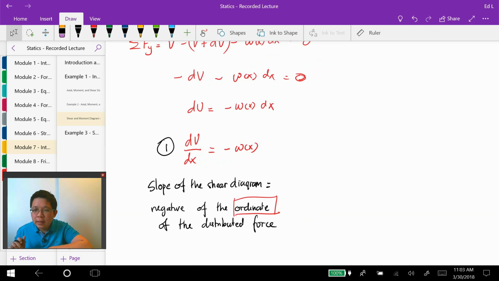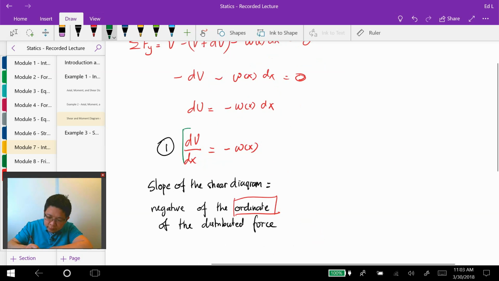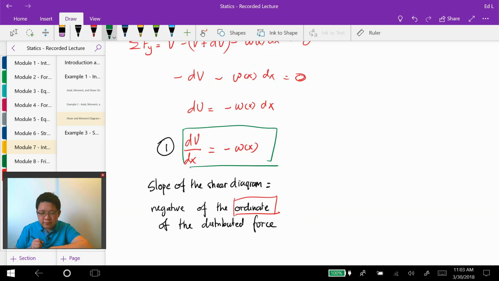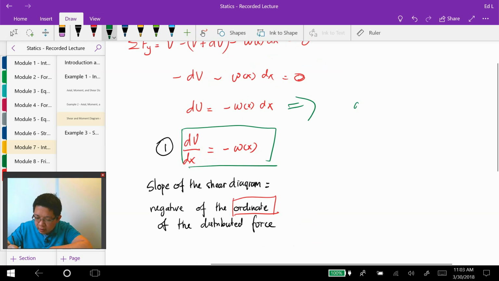From this expression right here, we can further rearrange it so that dV is equal to negative w(x) dx.